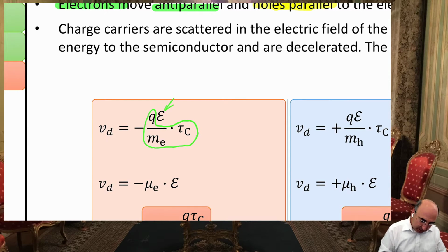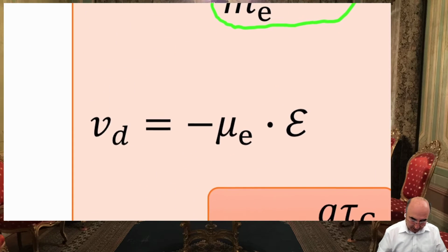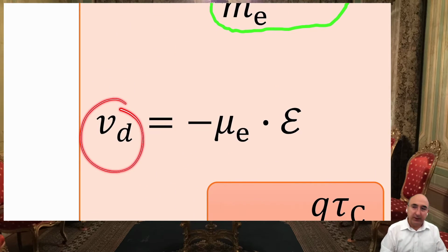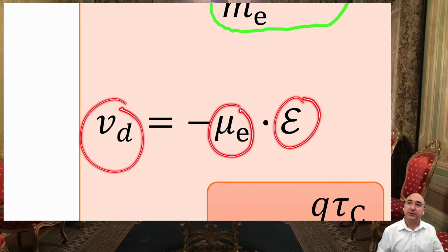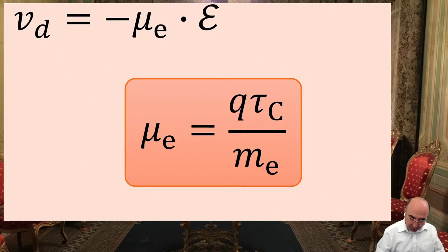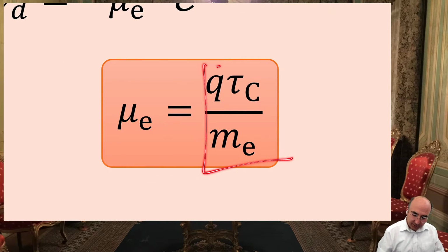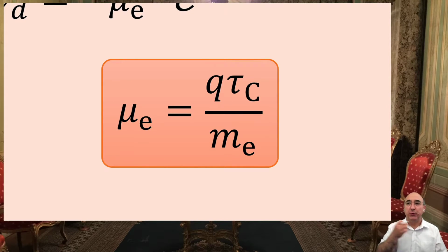Okay, this means this is the mobility. The drift velocity is a function of the mobility times the electric field, and the mobility is the rest I had at the top. So what is the mobility? It is the ability to move.